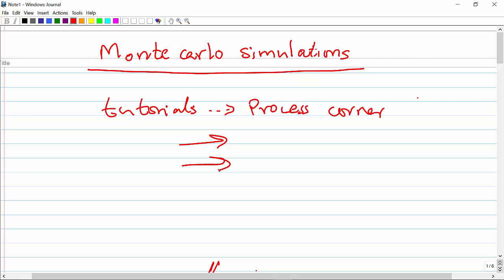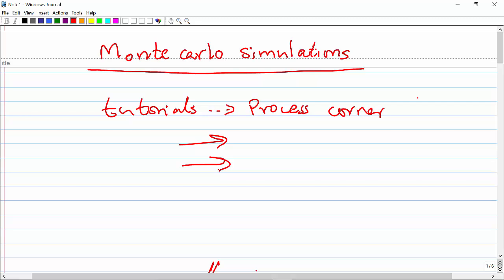If you are familiar with the process corner, what it means and why it is important, then you can come back to Monte Carlo analysis. It will be easy to understand once you are familiar with the process corner analysis.